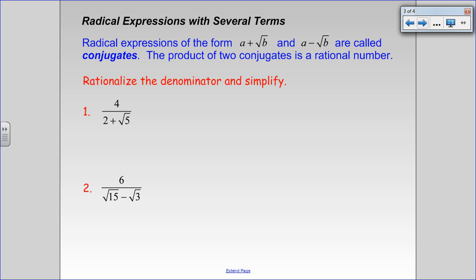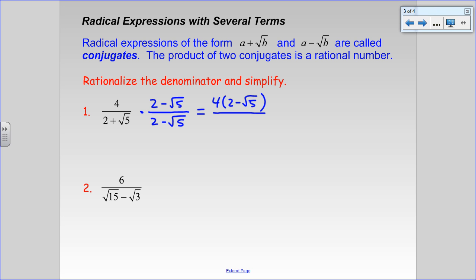So for example, in the first problem, to rationalize the denominator of 4 over the quantity 2 plus the square root of 5, we'll multiply both the numerator and the denominator by the conjugate, which is 2 minus the square root of 5. So in the numerator, we have 4 times the quantity, 2 minus the square root of 5.